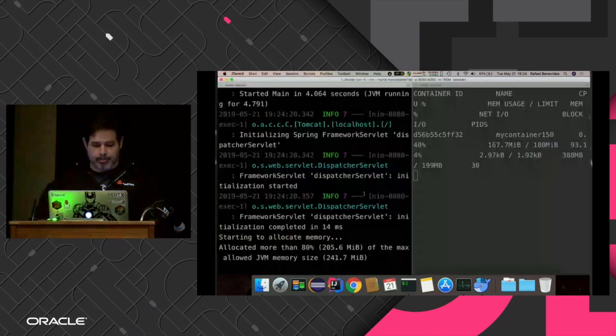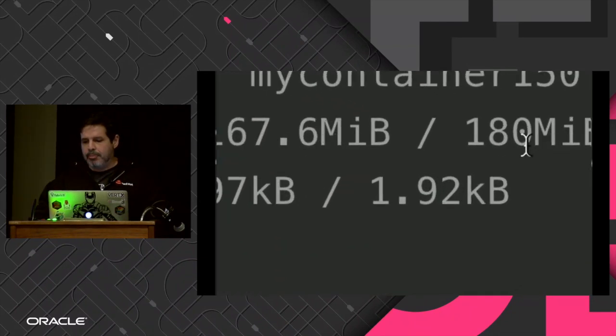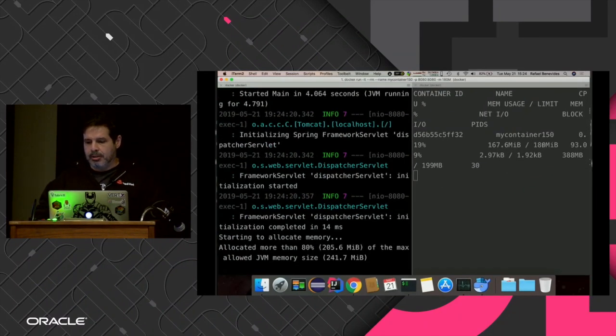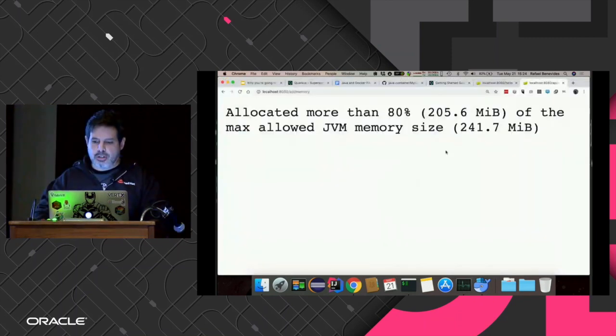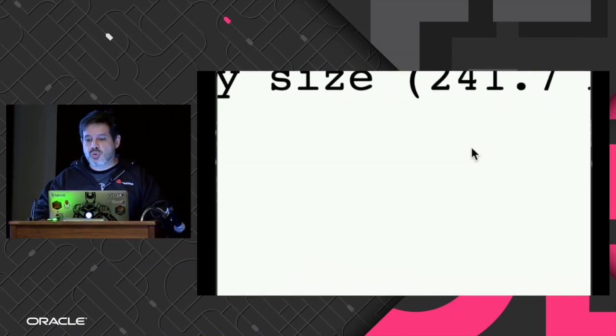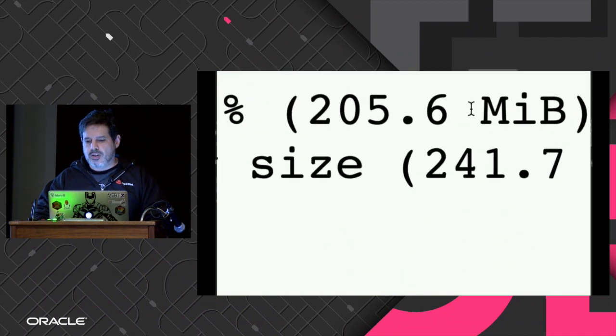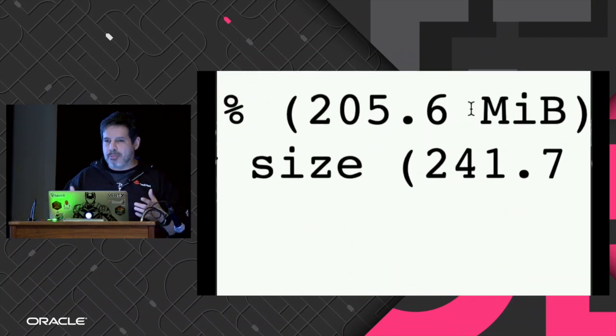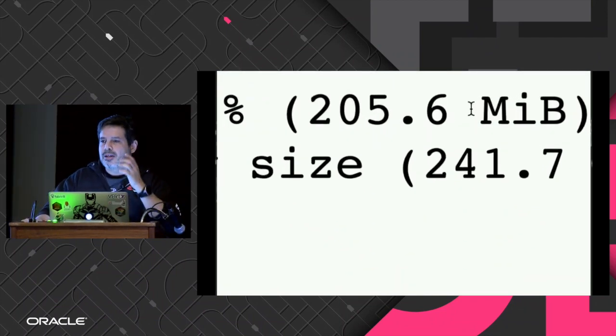So what happened here? I gave 180 megs of limit in this container, and the application allocated 241. So here we have a specific problem, and we can have 2 questions here.